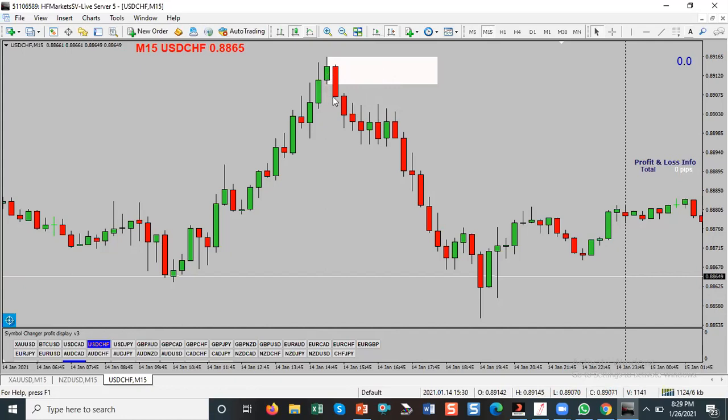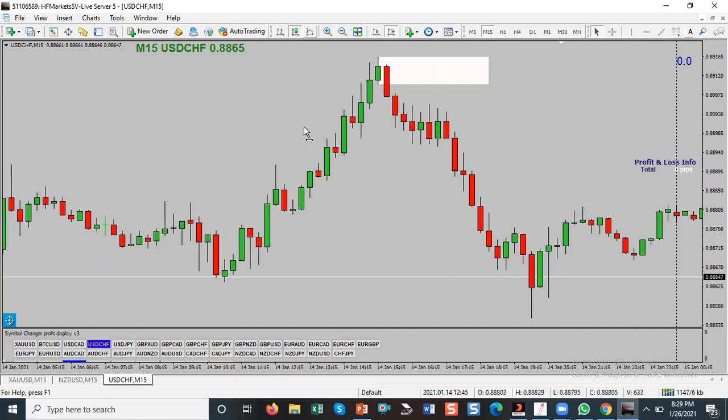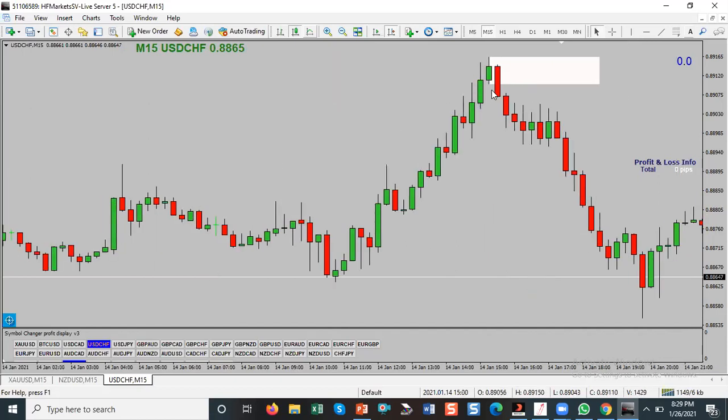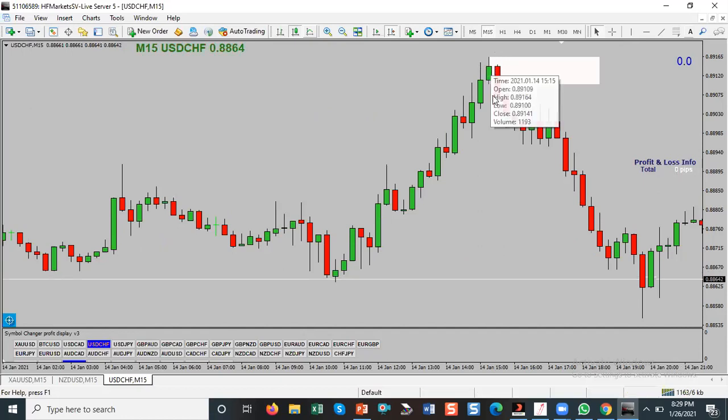So it could be one candle engulfing it, or two candles engulfing it. Sometimes it could be more than two. So when you see this, we are going to be using this. This is an engulfing candle, an order block, a bearish order block.